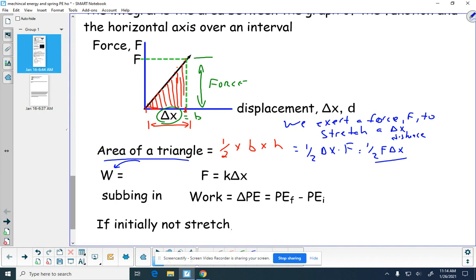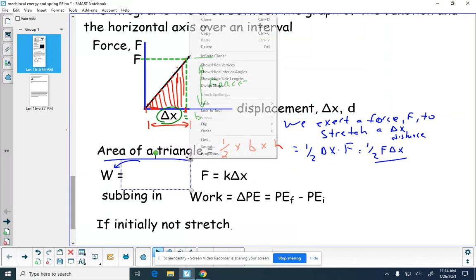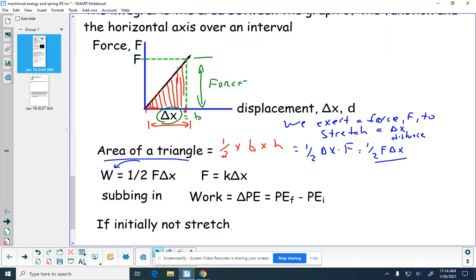The work is being done. So we have 1/2 force times delta x, because that's the area of our triangle.